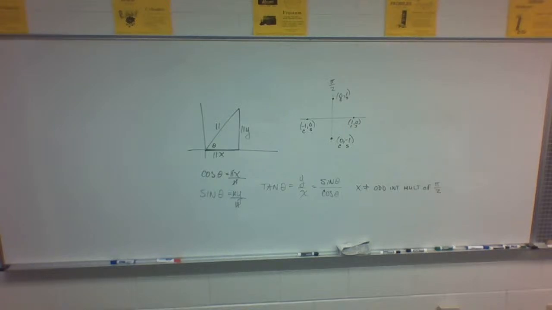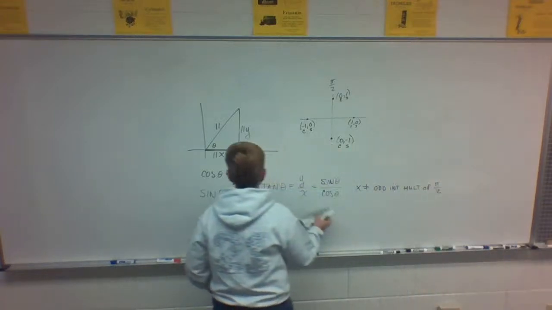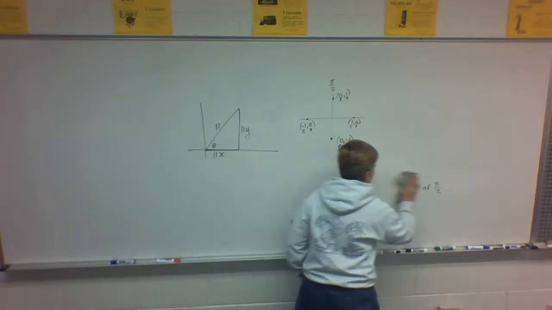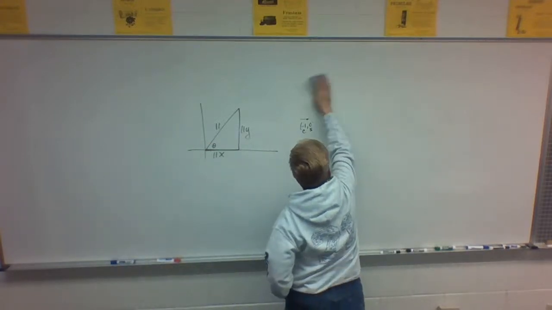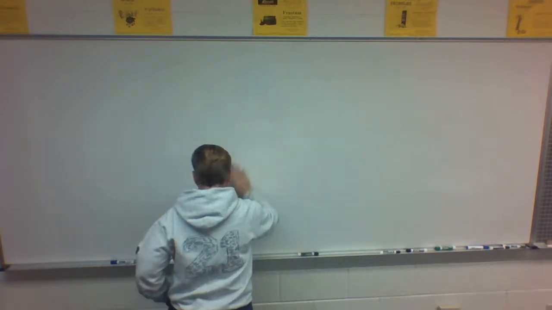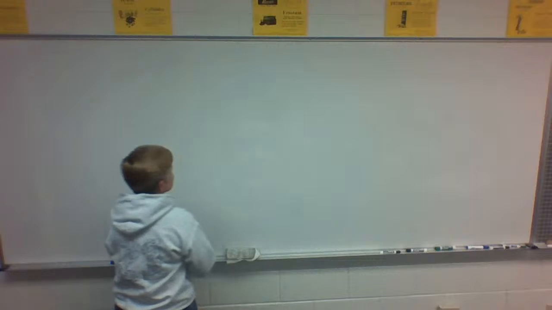All right, Pythagorean identities. Let's see if we can work that out here. I'm going to draw another clean picture here, and we're going to see how Pythagoras can make our lives a little more complex. So I'm going to start out with that same triangle that I explained the tangent identity with.